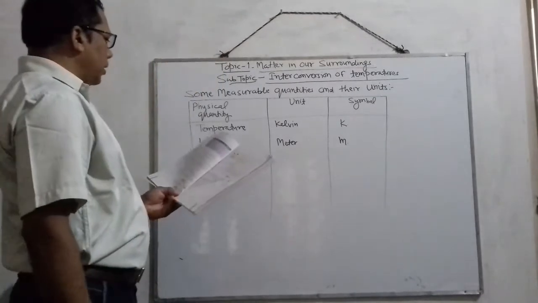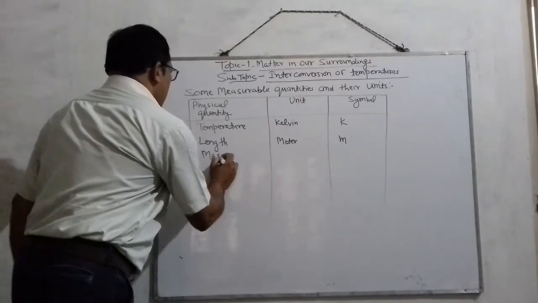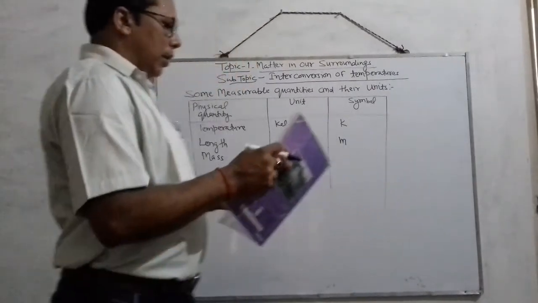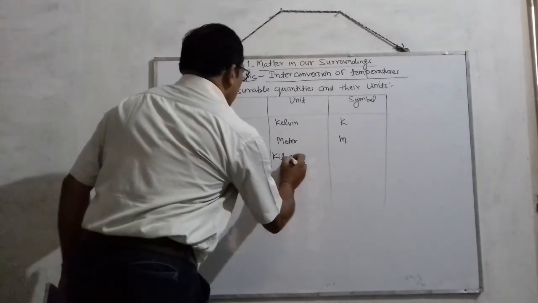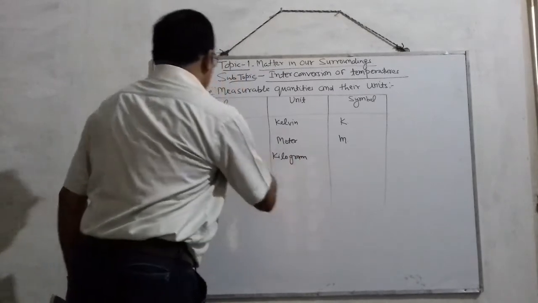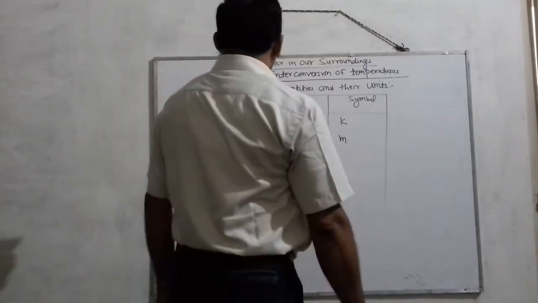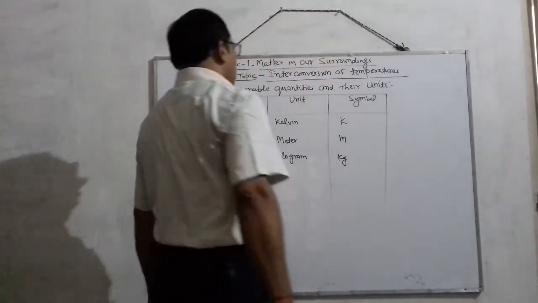Next physical quantity is mass, and the unit of mass is kilogram, which is represented by the symbol kg.